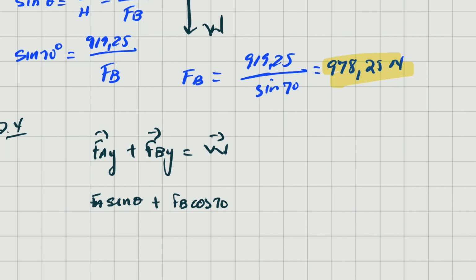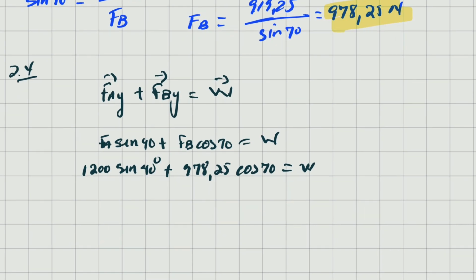So let's write the values here, don't get confused, and that is equal to W. The rest is the substitution and the calculation, and let's do that quickly. And the answer for weight is going to be 1105.93 Newton. Guys, this is the end of this question.